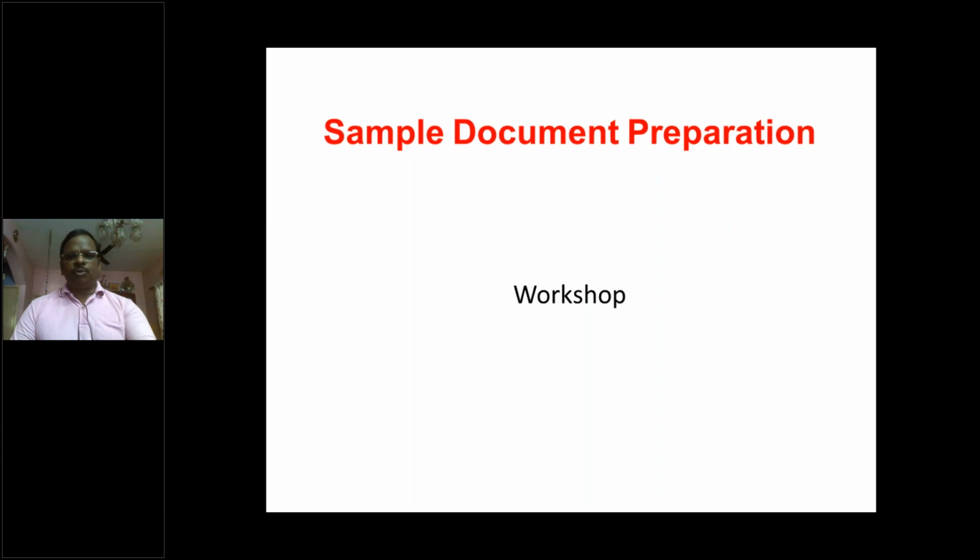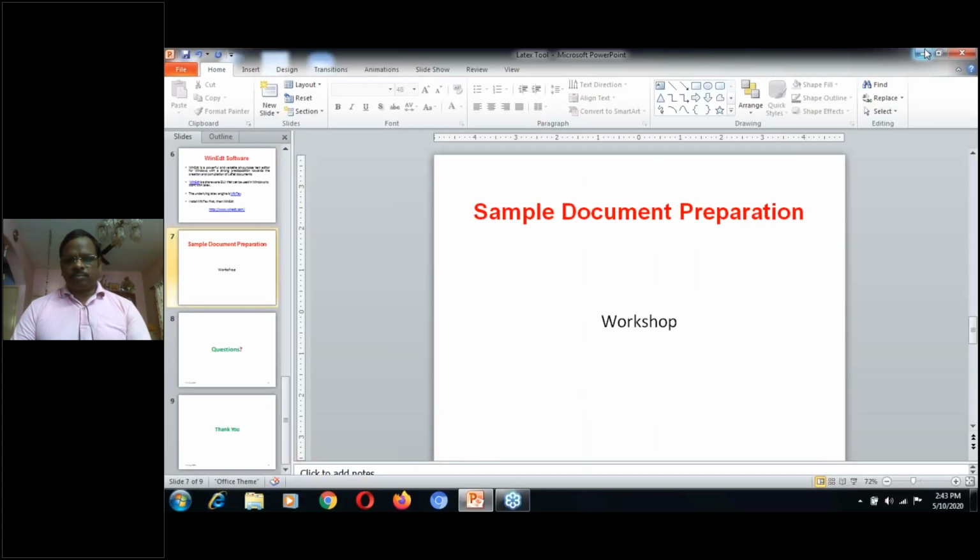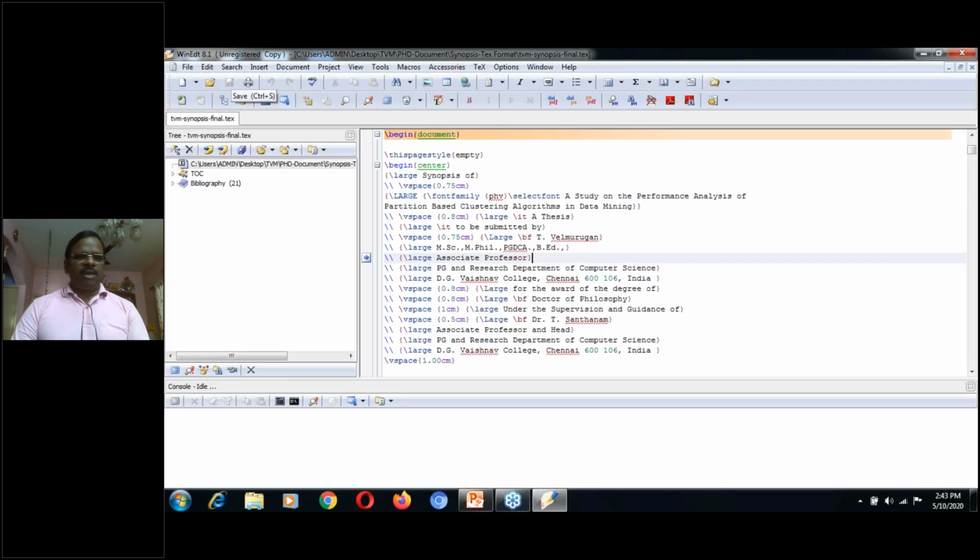Now we go to live information. I have already installed MakeTech in my system and installed WinEdit 8 because my system supports only this version. The recent software is not supported. I am just pressing this icon. We are entering into the MakeTech software now.